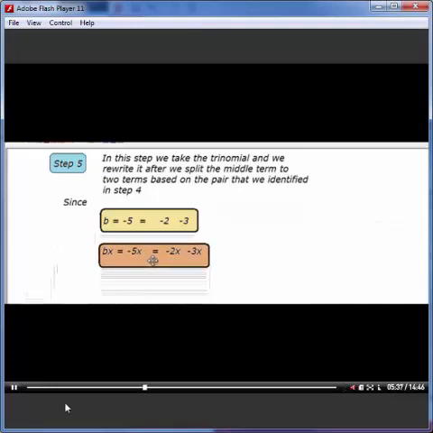So instead of having negative 5x, you are going to rewrite it as negative 2x, negative 3x. That gives you a total of negative 5x. So your trinomial is going to be rewritten as x squared minus 2x minus 3x plus 6.